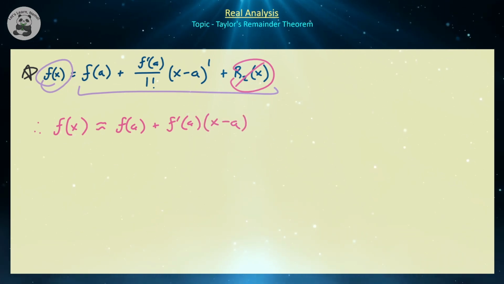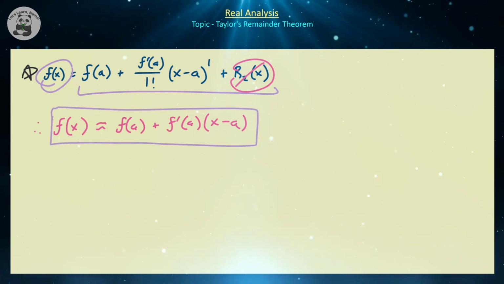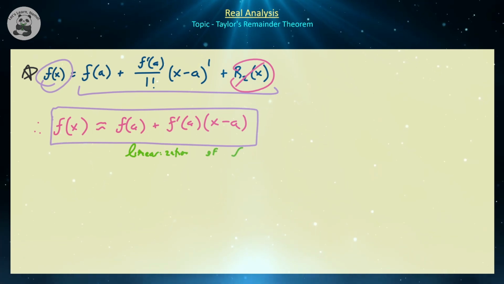And if you look at this, it should look very familiar from single variable calculus, because this is just the equation of the tangent line at x equal to a. Some people will even refer to this as the linearization of f at x equal to a.